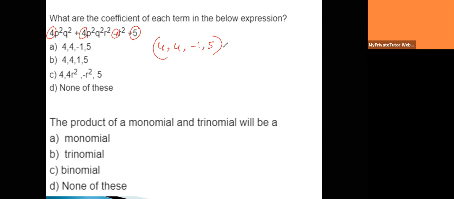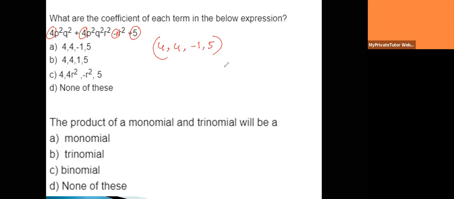The product of monomial and trinomial will be what? You want to calculate in your head or on paper? Try it. Who wants to answer? Joseph said a trinomial.